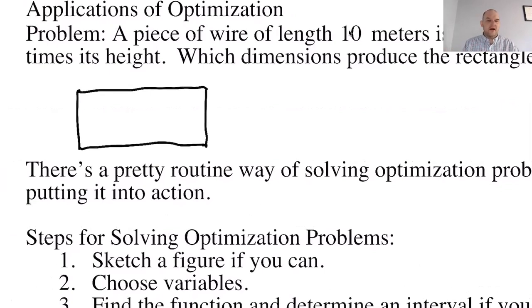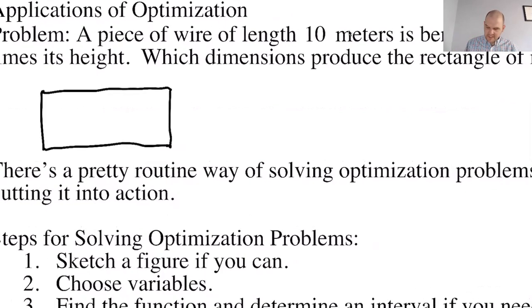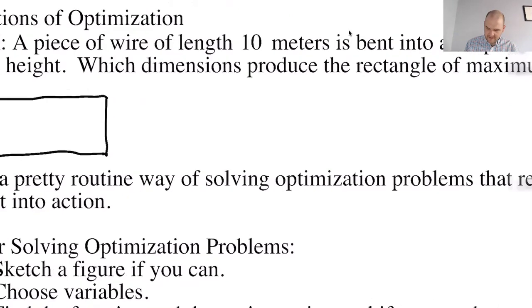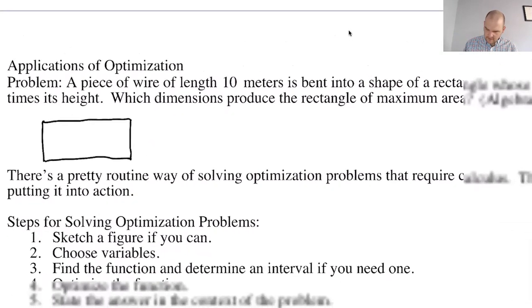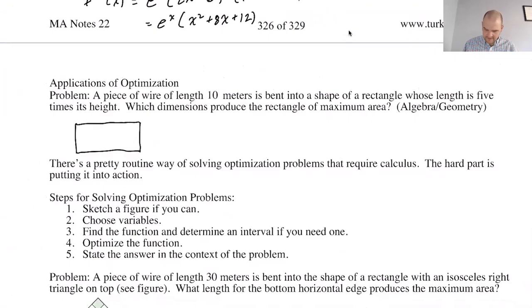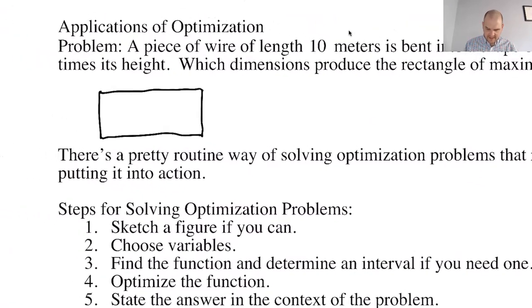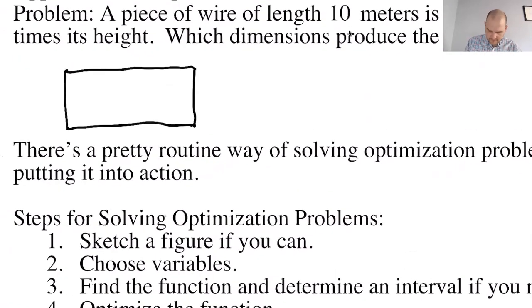Okay, we're good. All right, so we have 10 meters total. And then what do we know? Its length is 5 times its height. So if the height is y, and this is x, then I am told that the length is 5 times the height.